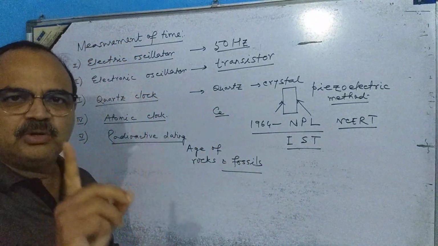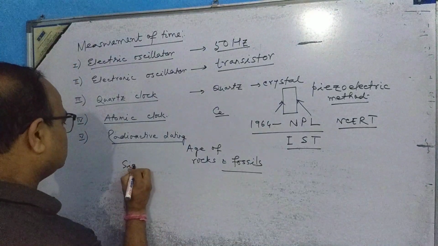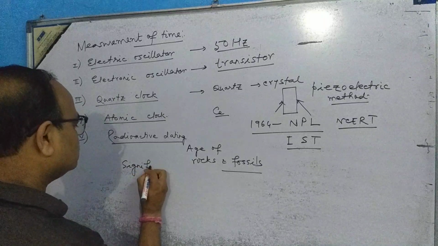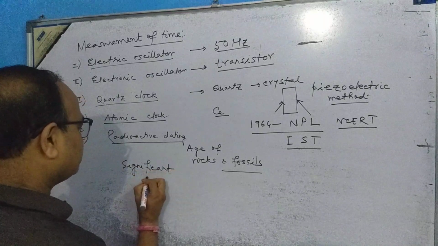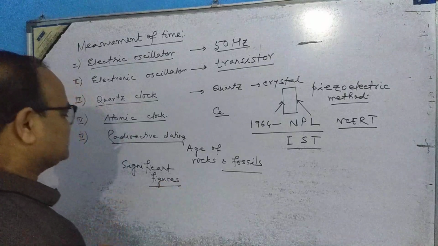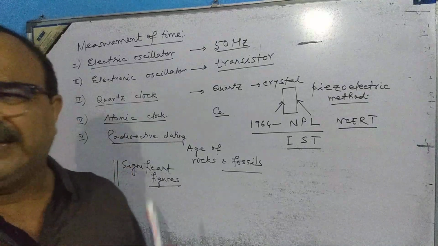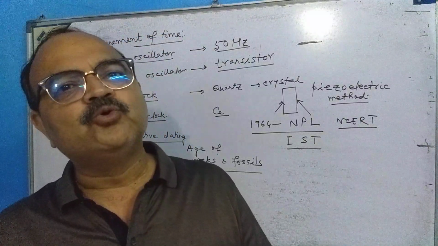I am giving you one assignment. Students, you will go through significant figures on your own. It is in our syllabus, but I have not done it because there are some rules in NCERT.